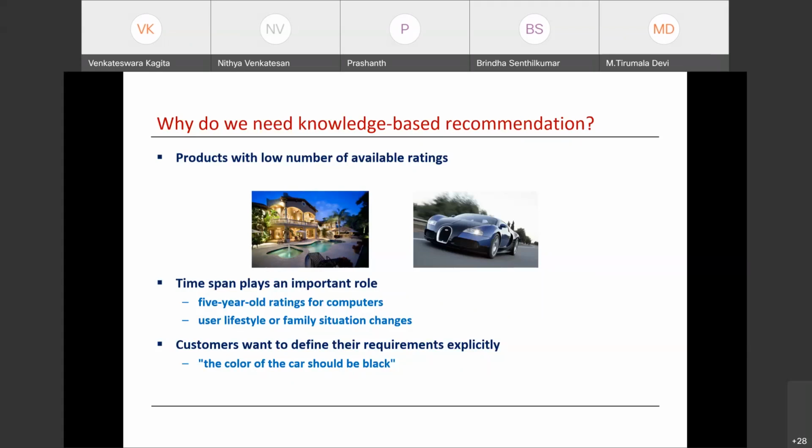So time plays a crucial role here. And customers want to define their requirements explicitly, like you may require a seven-seater car, or a black car. The color of the car should be black. So users want to specify their requirements explicitly. Due to all these reasons, knowledge-based recommender systems are required.